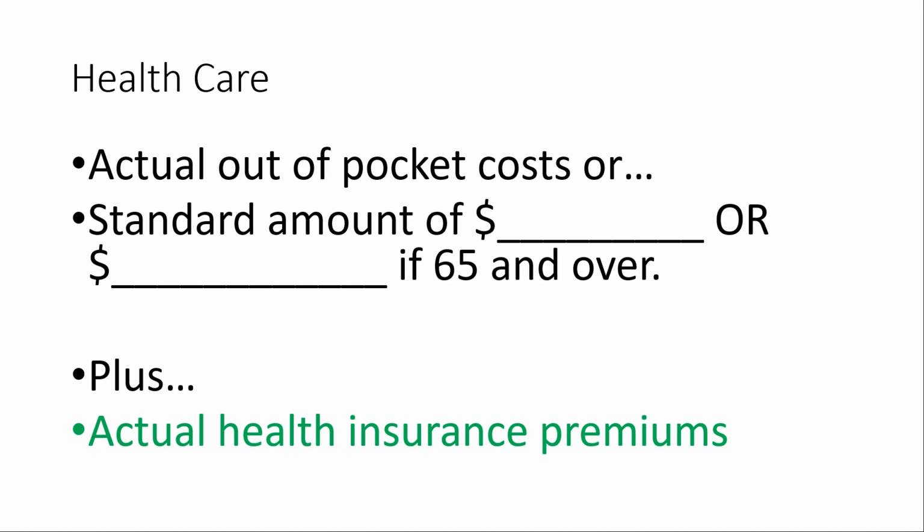And so because of that law, the IRS says that we can claim all of our health insurance premiums. And by the way, the Affordable Care Act doesn't limit how high our insurance premiums can be.